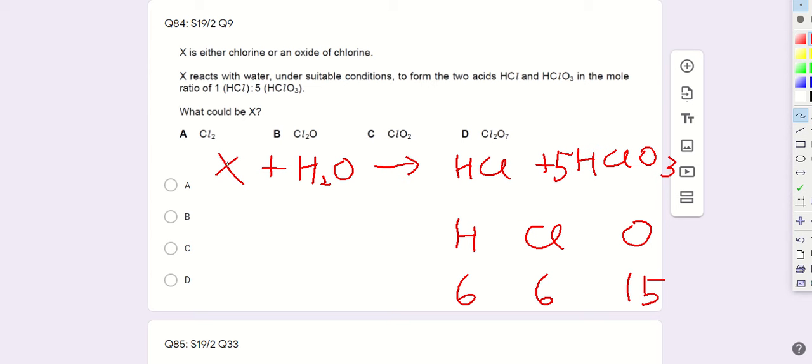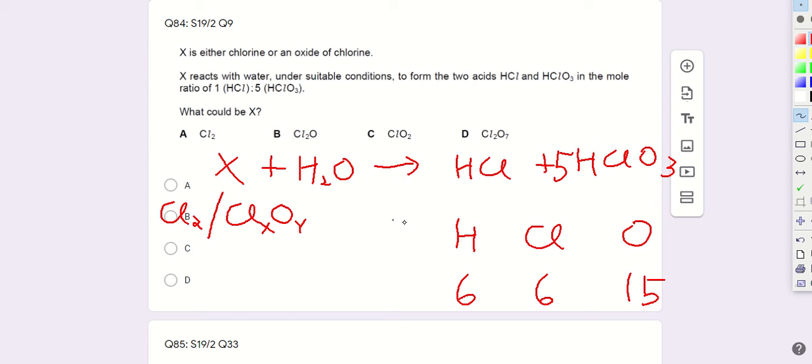Now, X is either chlorine or chlorine oxide. We do not know the molecular formula, because looking at the answers, it can be Cl2O, ClO2, or Cl2O7. We do not know which one.